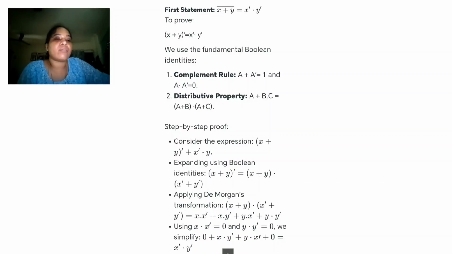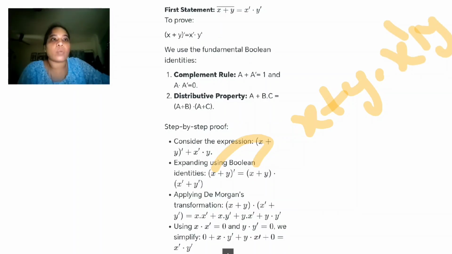So how can we get the first transformation? I'm going to multiply these values. Here you can see x plus y dot x dash plus y dash.